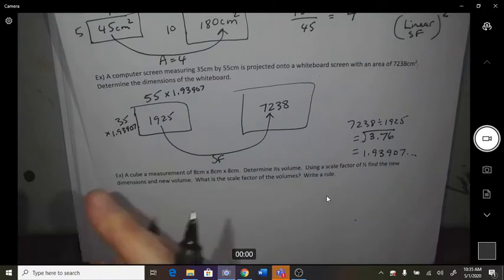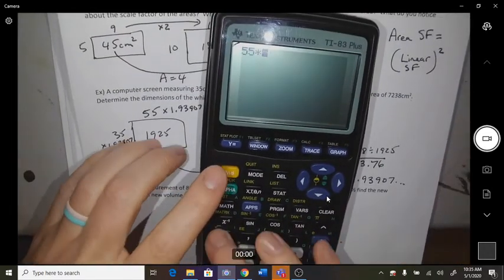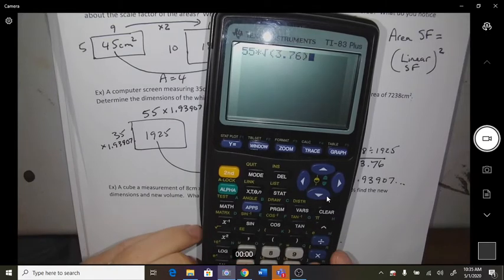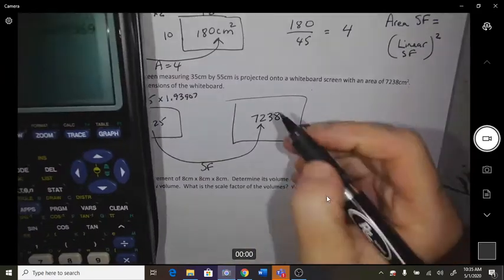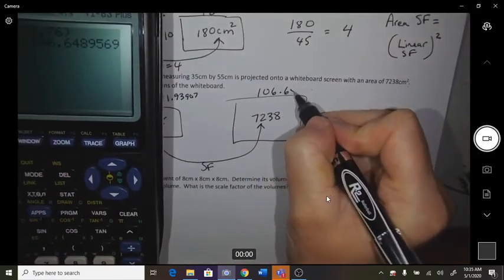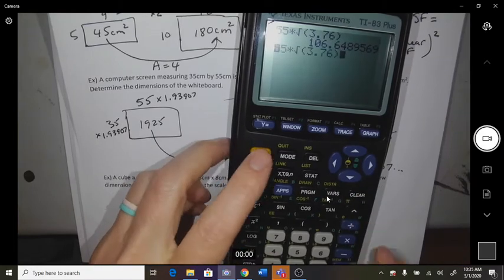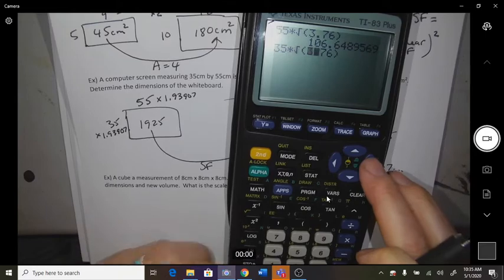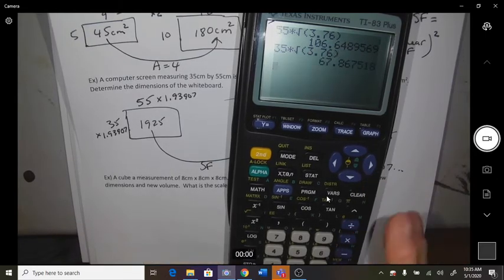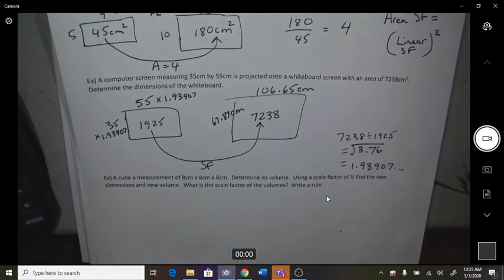So what I'm actually going to do is go 55 times the square root of 3.76. So the new dimensions are 106.65 centimeters. And then I'm going to go to the second entry and change this to a 35. So I'm also going to do that. And then 67.87 centimeters.